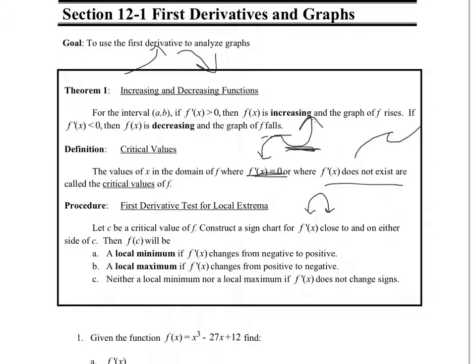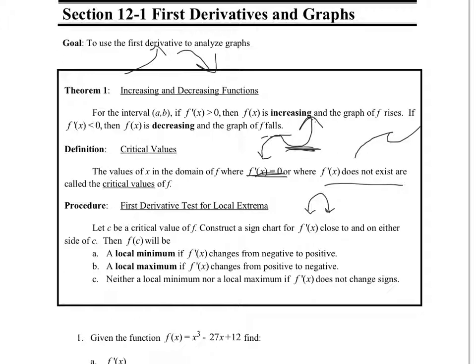Would they be positive or negative when I plug in? When I look to the right, I'm going to see if they would give me positive or negative. And a minimum occurs if everything to the left of my value gives me a negative, and everything to the right of that value is positive. It's telling me I'm going from decreasing to increasing, and that would make it a local minimum.